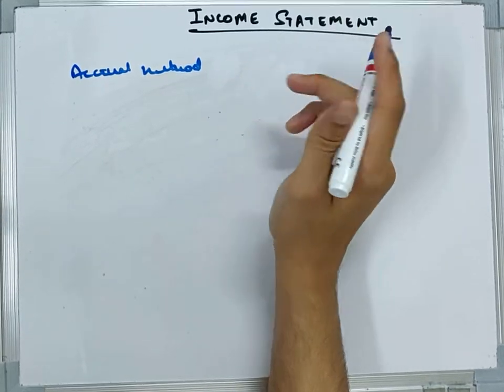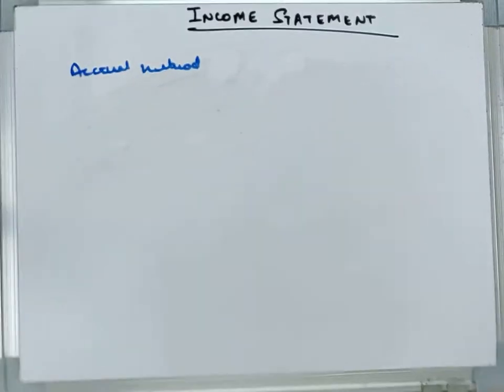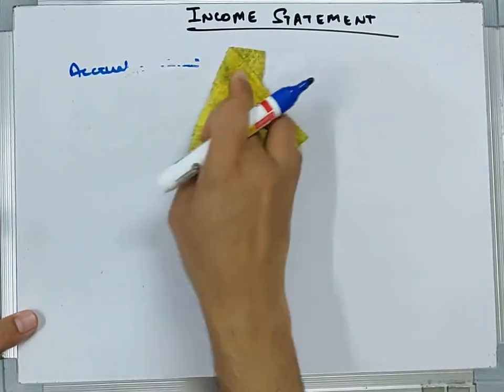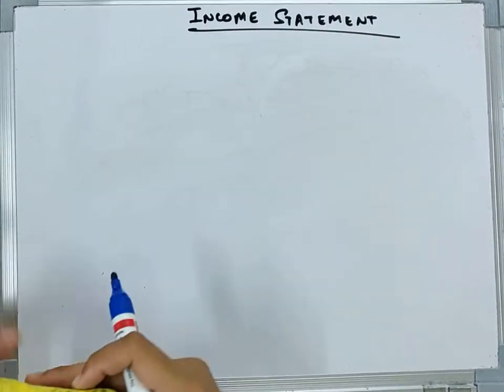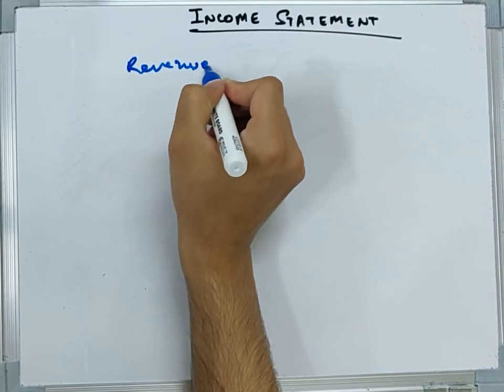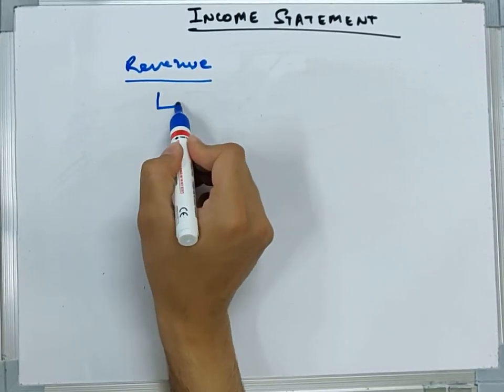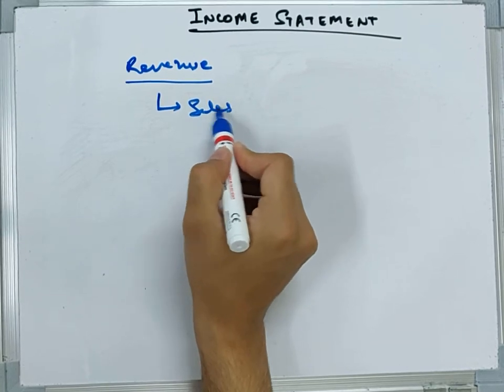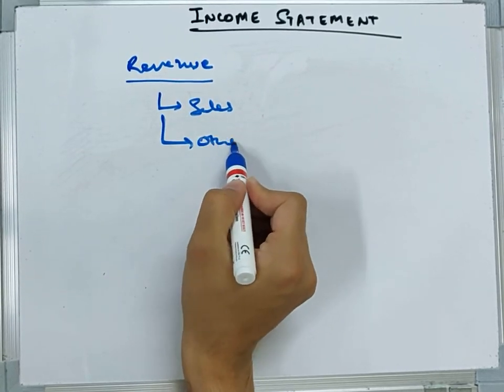The first item in income statement would be your revenue. Revenue can be divided into sales and other activities.